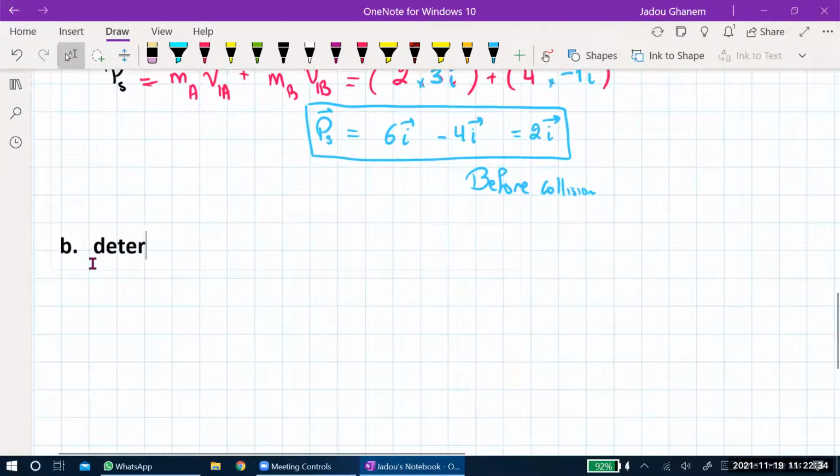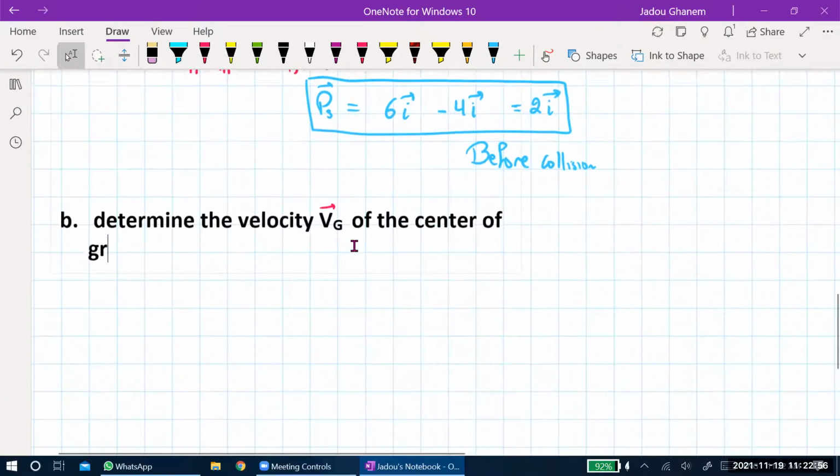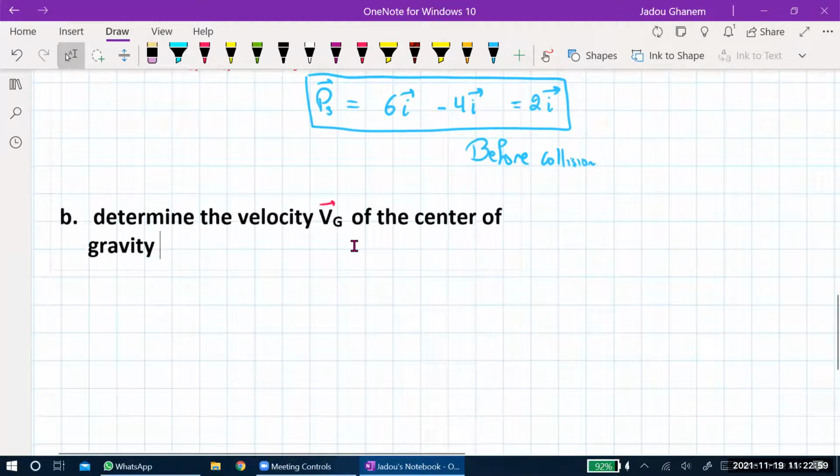So determine the velocity Vg, sure, this is also a vector, of the center of inertia or center of gravity G of the system AB. I'm going also to do this part.